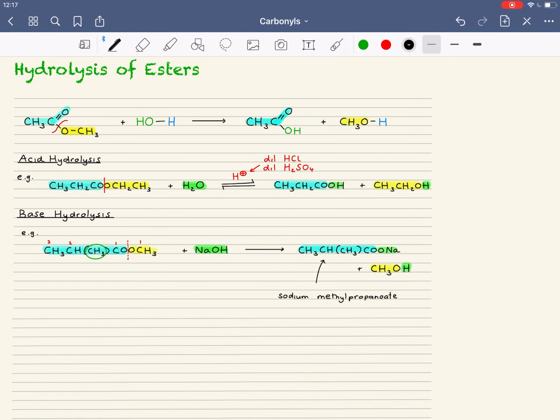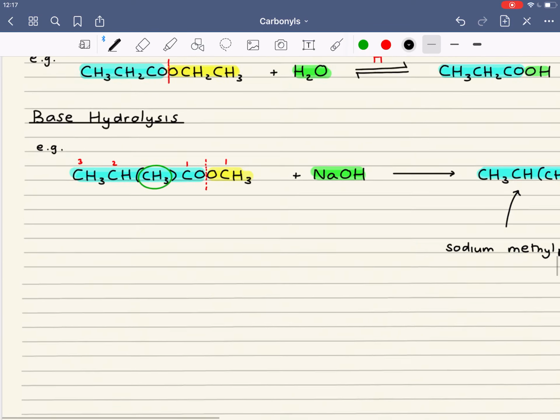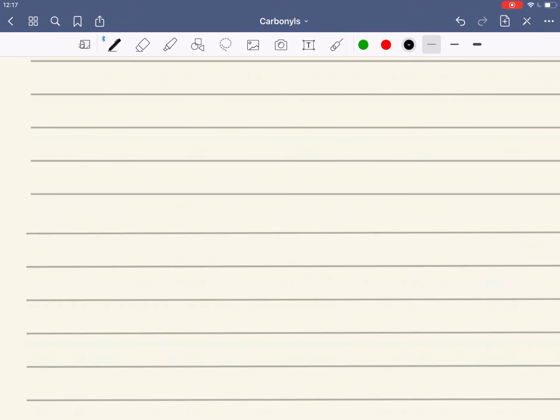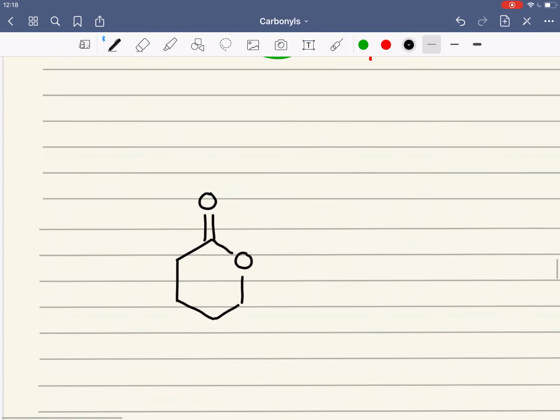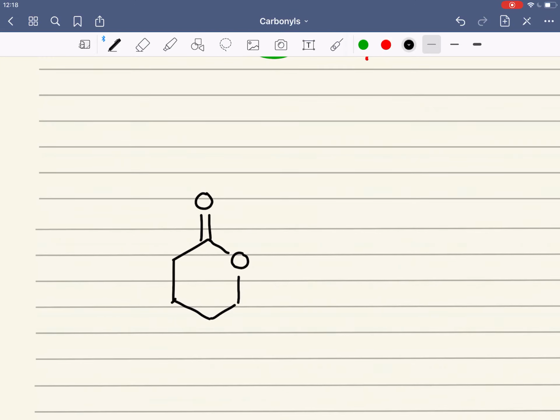We're now going to have a look at the hydrolysis of a cyclic ester. So consider the following ester. So we've got a cyclic ester. In fact, I'm going to make this a little bit more difficult. I'm going to put a methyl group here. So if I was going to hydrolyse this, what would my structure be?